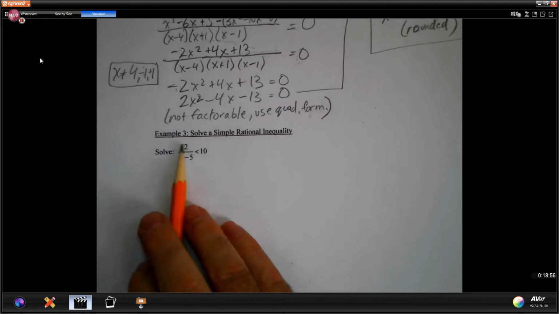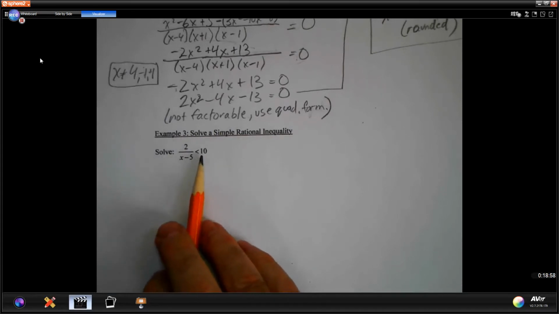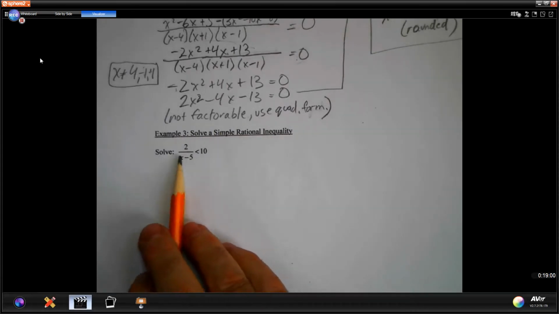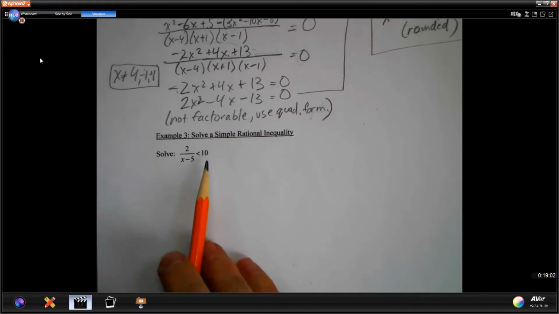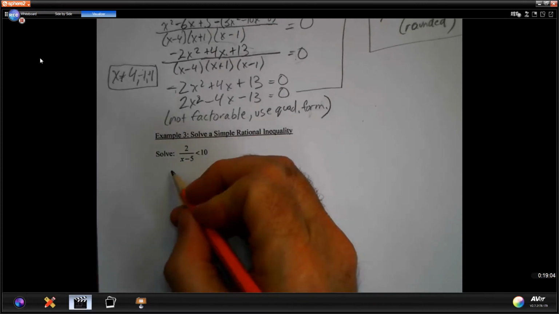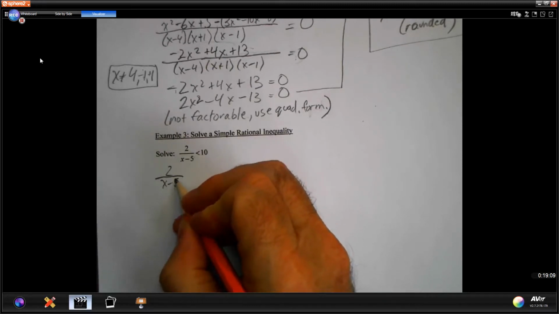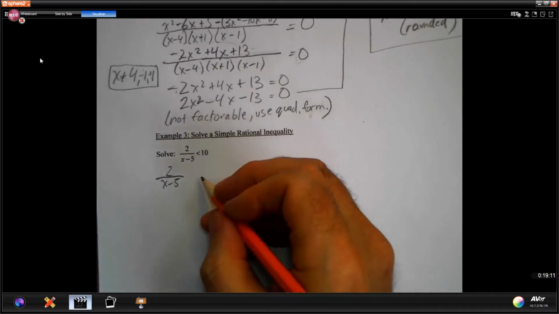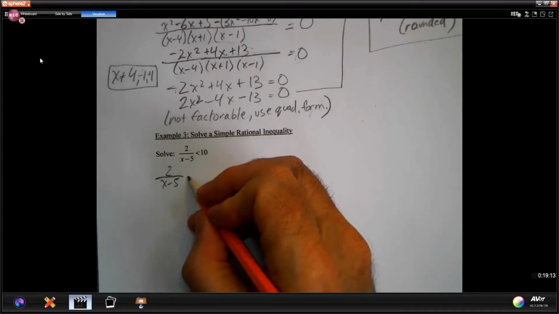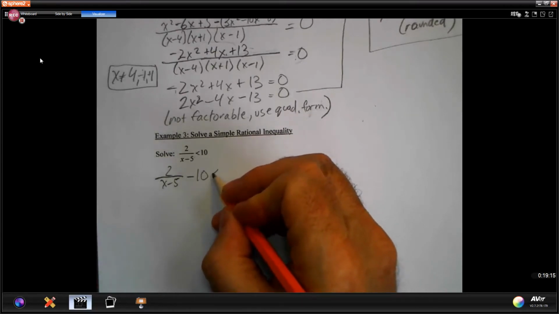So first thing I'm going to do, just like solving equations, I want a 0 on one side. So it makes more sense to subtract 10 from both sides rather than subtract the rational expression. So 2 over x minus 5 minus 10 is less than 0.